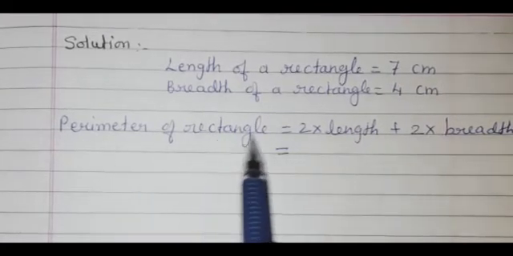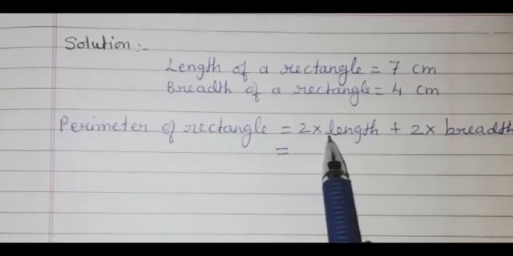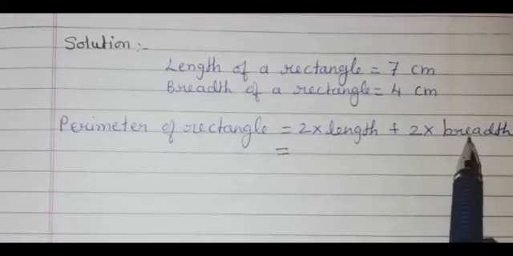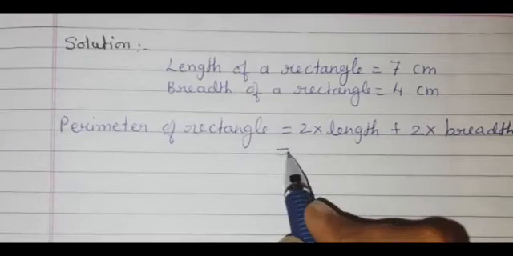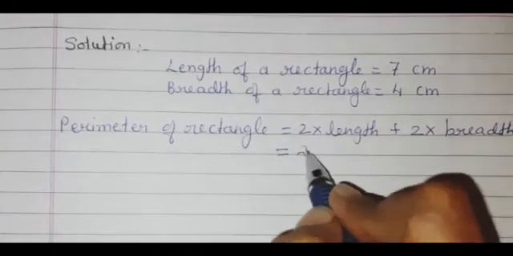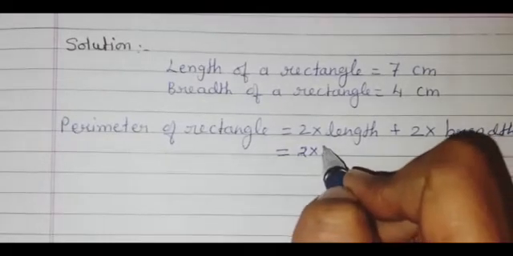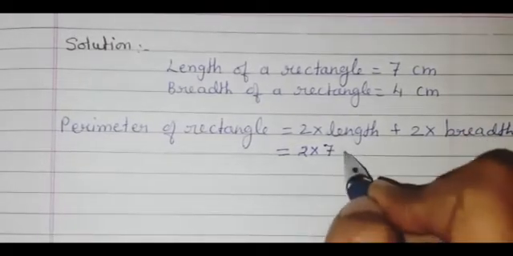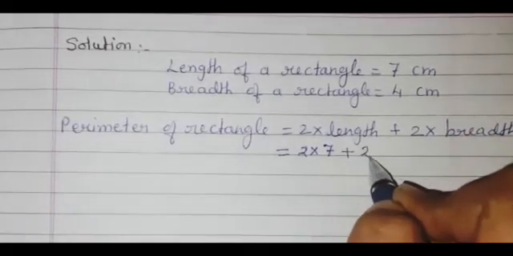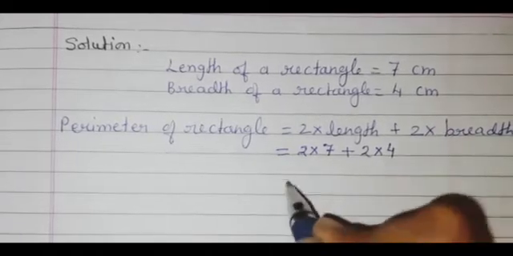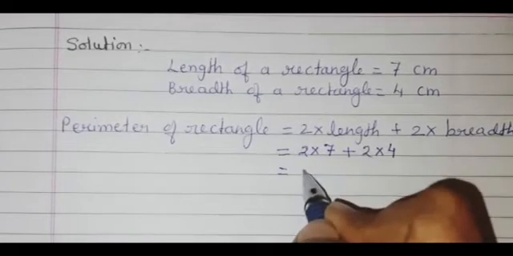Now perimeter of a rectangle is equal to 2 multiply length plus 2 multiply breadth. So here write 2 multiplied by length. How much length? 7 cm. So write here 7 plus 2 multiply breadth 4 centimeters. So write here 4. Now 2 sevens are 14.